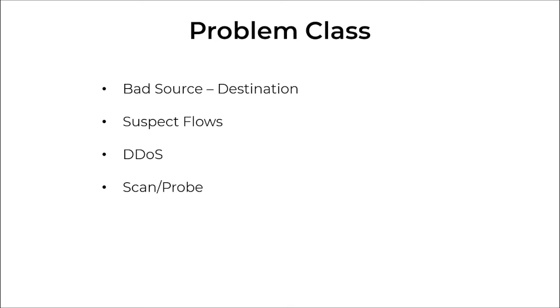And then we also identify suspect flows, for example invalid DoS flows or TCP flood, DDoS, and scans and probes. Each category is associated with various different problems based on which these categories are defined in the NetFlow Analyzer application. All right.